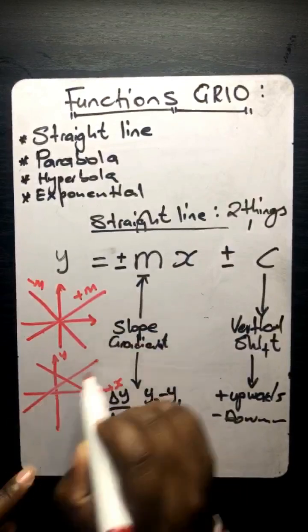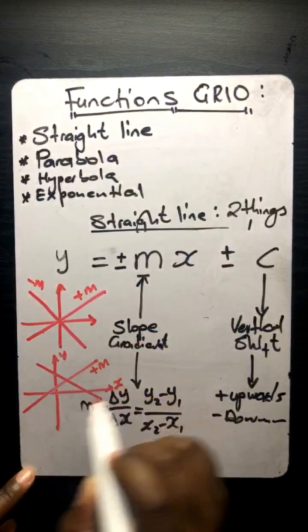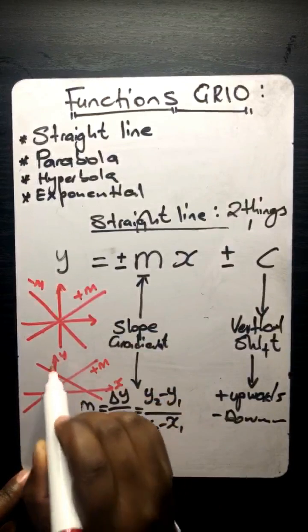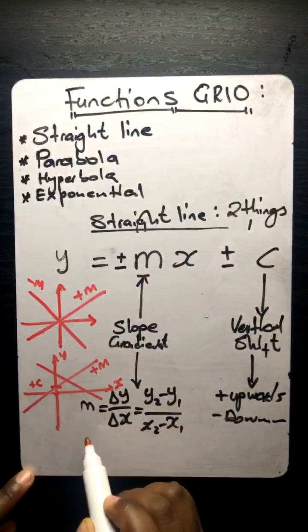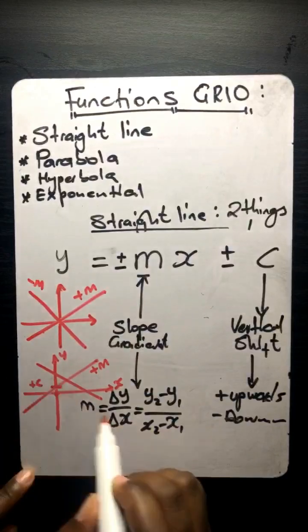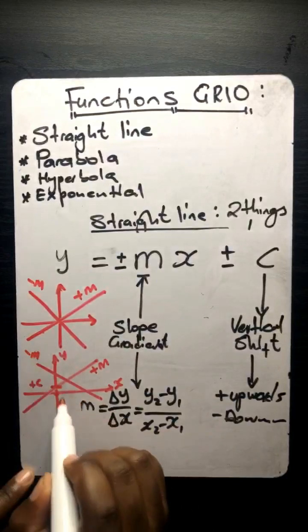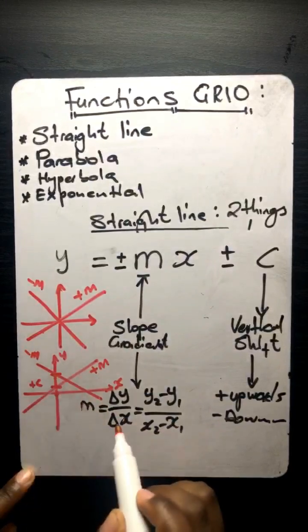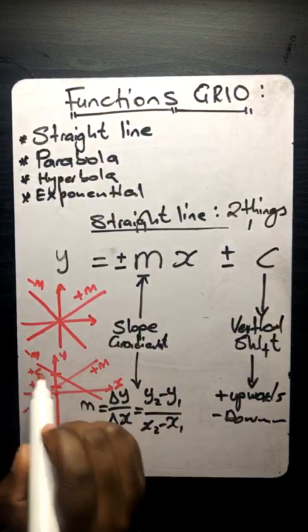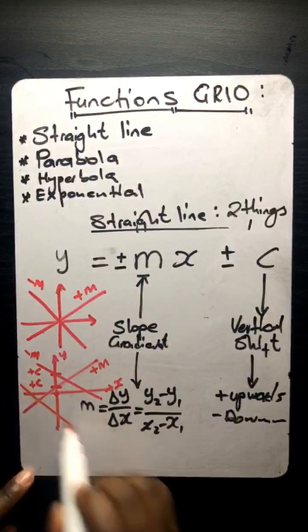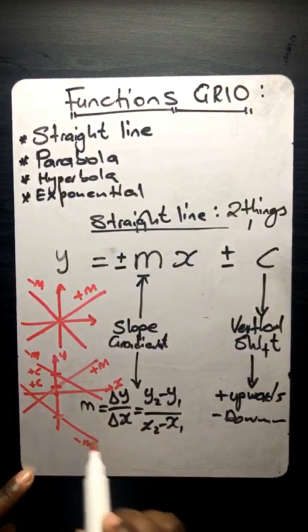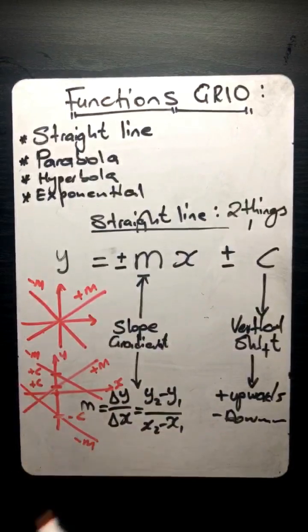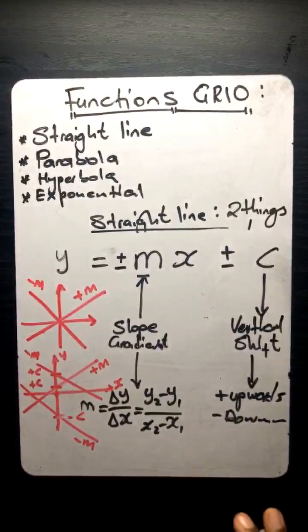So this line still has a positive gradient, and also because it cuts the y-axis above the origin, that means it has a positive C value. And then this one has a negative gradient, and because it touches the y-axis above the origin, it also has a positive C value. Maybe if we had that line, we were going to say it has a negative gradient and also it has a negative C value. So that's how you summarize a straight line.